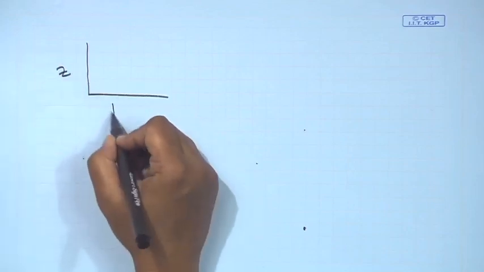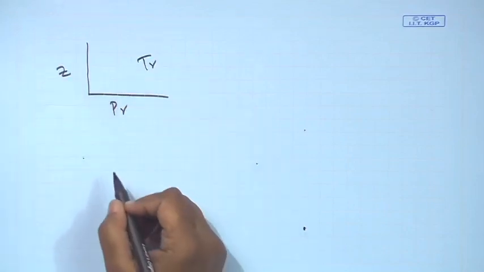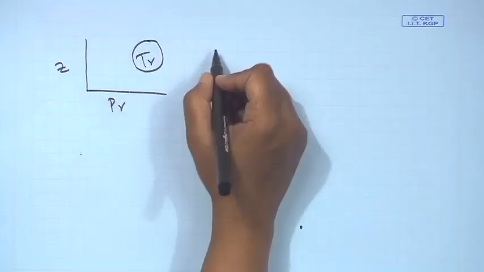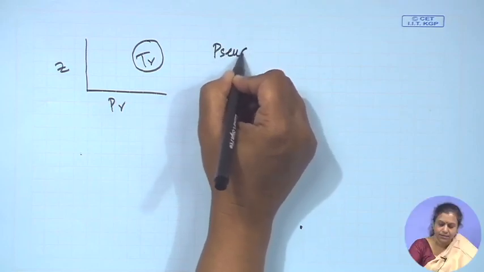So, well, this was one. The other way of finding out Z, as we had already discussed, apart from the cubic equations and the virial equations of state, is the compressibility factor charts, where we had shown Z as a function of PR and TR, right. So, suppose there is some particular way of finding out the pseudo critical constants, as it is said.